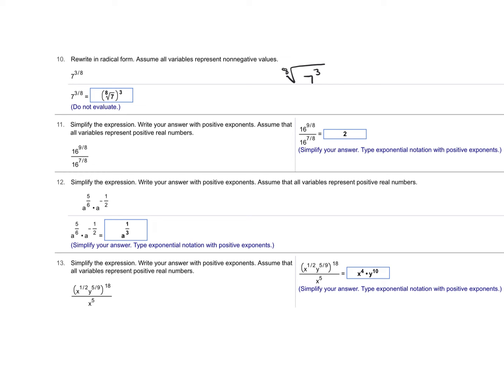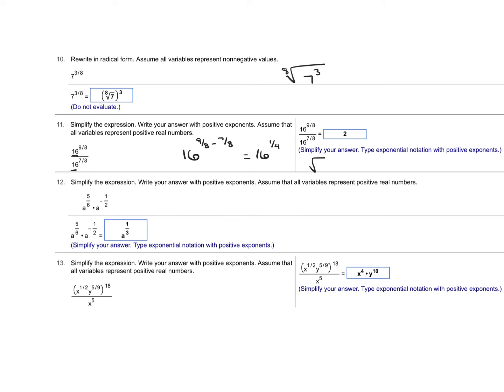Okay, this next one, we have 16 to the 9/8 power divided by 16 to the 7/8 power. Remember, when we're dividing and we've got the same base, we can just keep the base the same and subtract the fractions. 9/8 minus 7/8 is 2/8. 2/8 is really just 1/4.